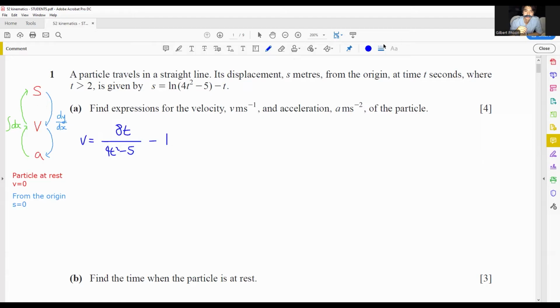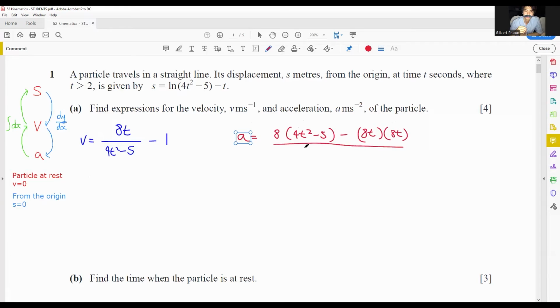Now, to get your acceleration formula, you're going to differentiate this one more time. The acceleration will therefore be: differentiate top, you have 8, copy bottom, 4t² − 5, minus differentiating bottom, you have 8t, and then copy back the top, 8t again.